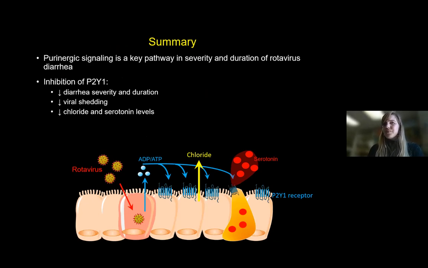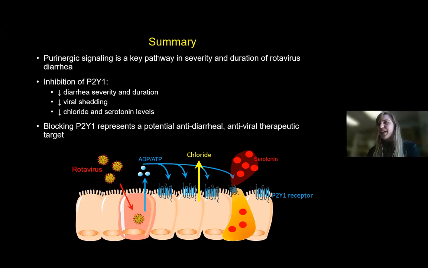We can increase rotavirus clearance and viral shedding, and we can also decrease the chloride and serotonin levels that ultimately contribute to diarrhea. And we think that this P2Y1 receptor could be a viable target and a potential therapeutic to prevent diarrhea, or at least alleviate diarrhea overall.